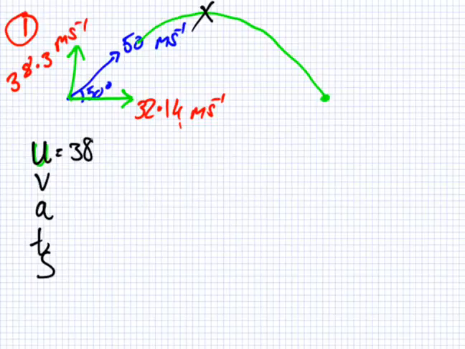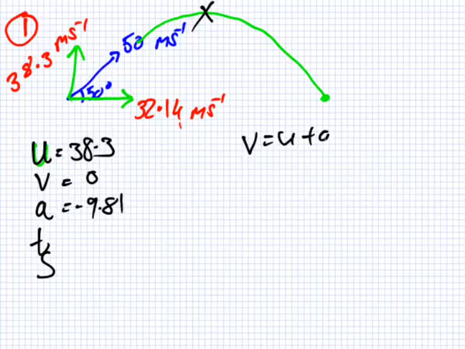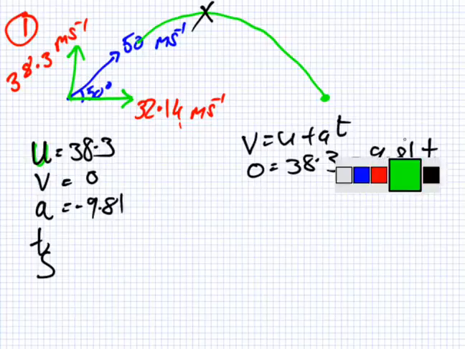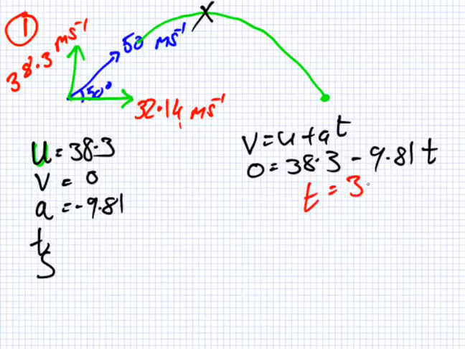U is 38.3, V is 0, A is minus 9.81. Happy? Yes. Very good. V equals U plus AT, so 0 equals 38.3 minus 9.81 T. So T equals 38.3 divided by 9.81. So I get T is 3.9 seconds.